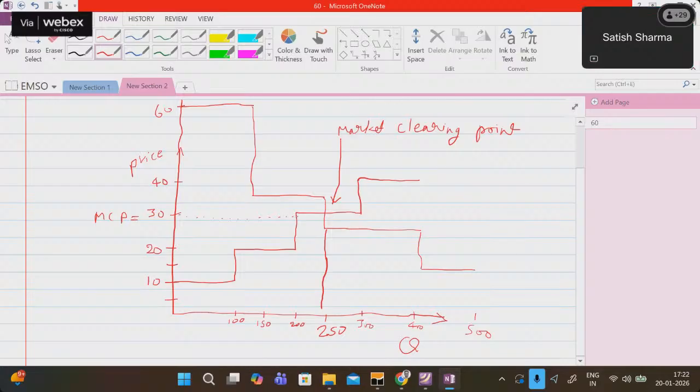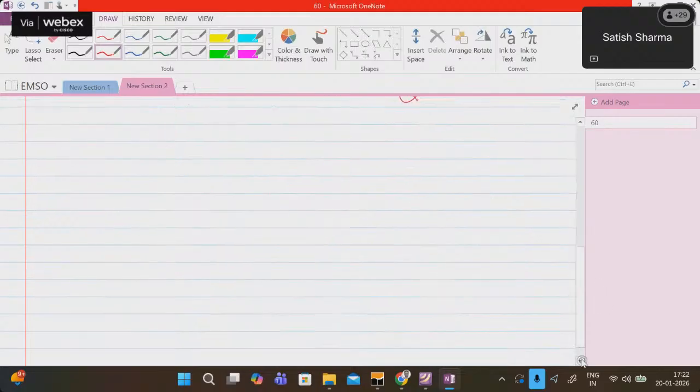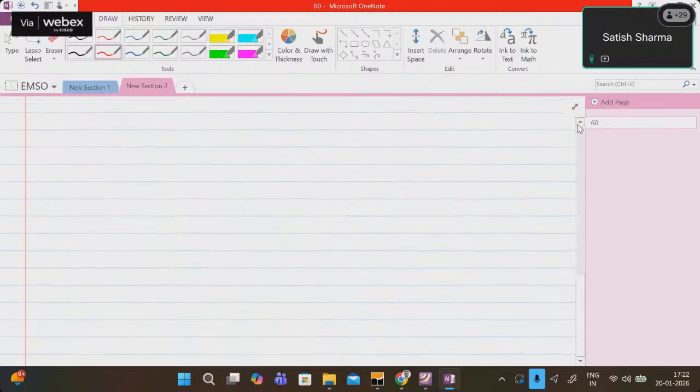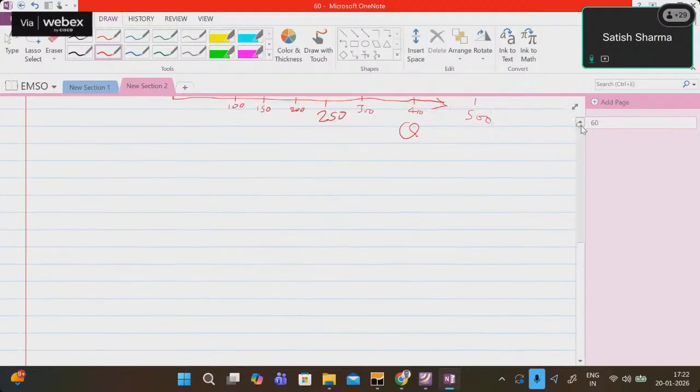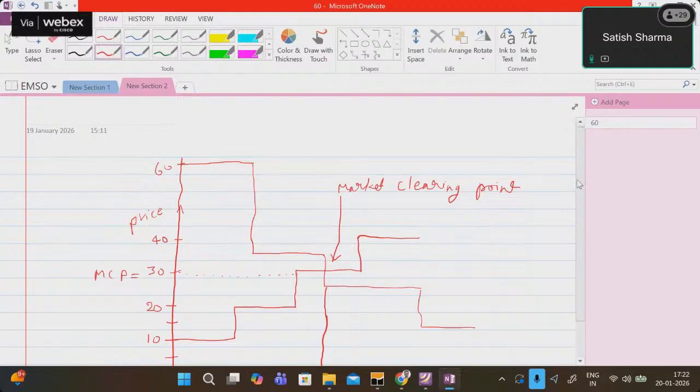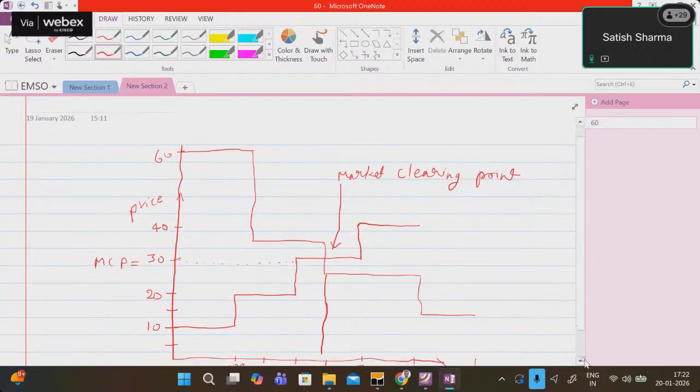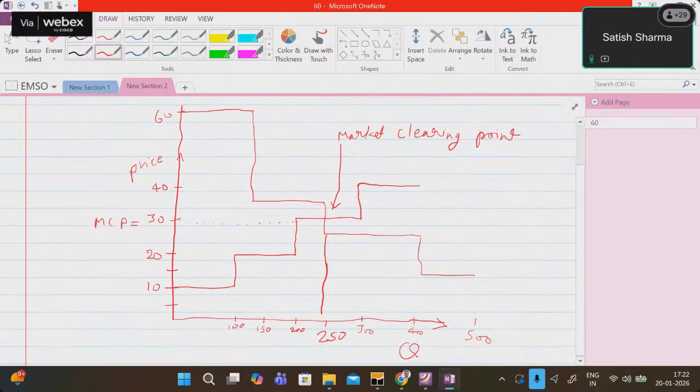Okay, now how to model it mathematically, so that we have a mathematical model to put in games, right? This is our problem, and we have to model it. Which area is surplus? Can anybody tell me?